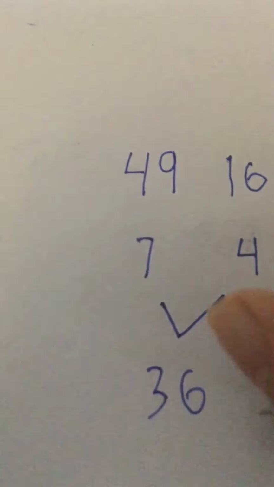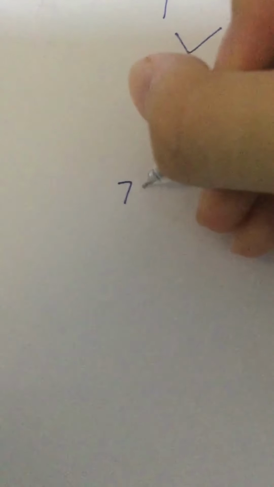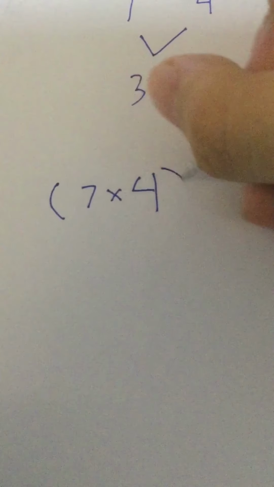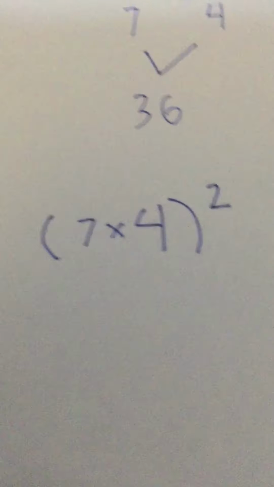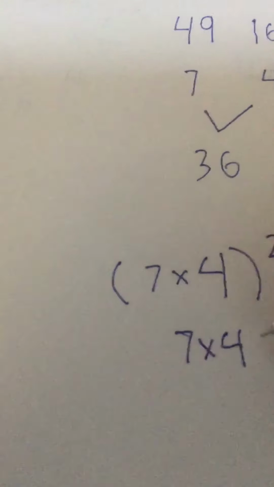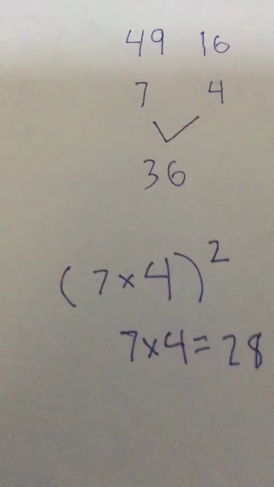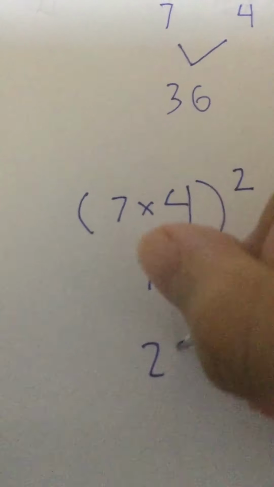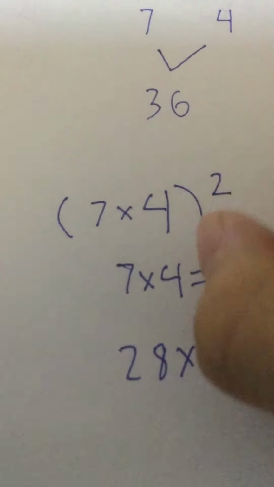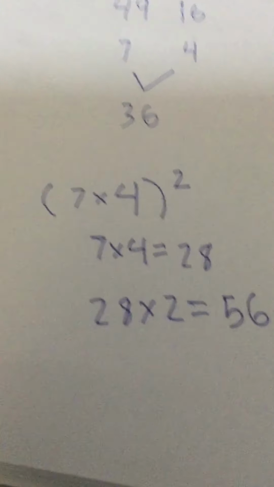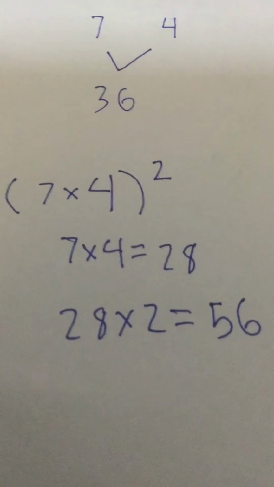It should be 7 times 4, which equals 28, and you double it, so the middle term should be 56.